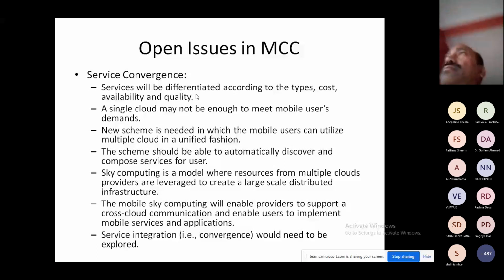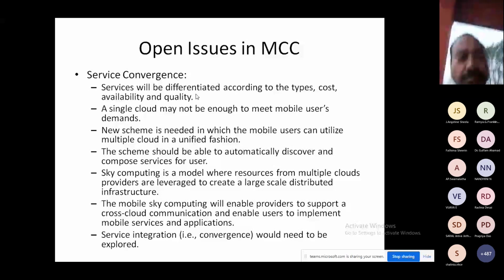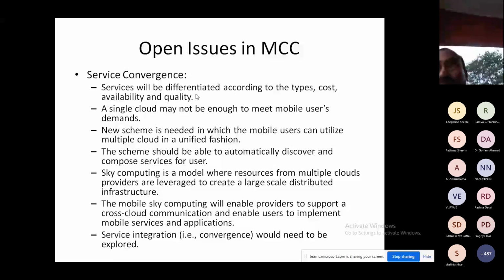Sky computing is a model where resources from multiple cloud providers are leveraged to create a large scale distributed infrastructure. So mobile sky computing will enable providers to support cross cloud computation and enables users to implement mobile services and applications. So service integration, that is convergence, would need to be explored.